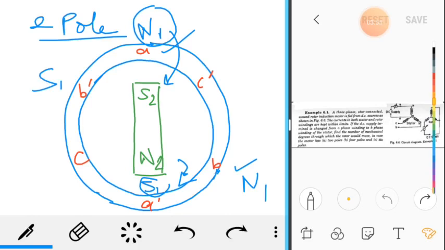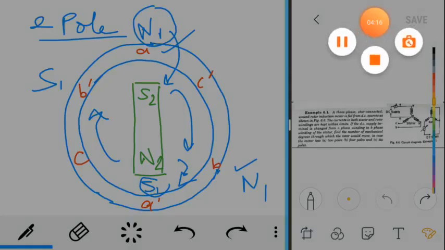So what is happening now? S2 will be shifted to N1 and N2 will be shifted to S1. So there is a clockwise rotation of the rotor in the electrical machine.